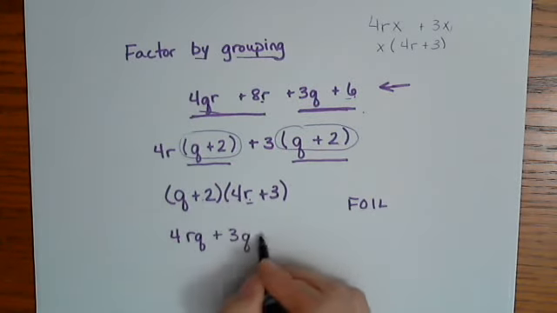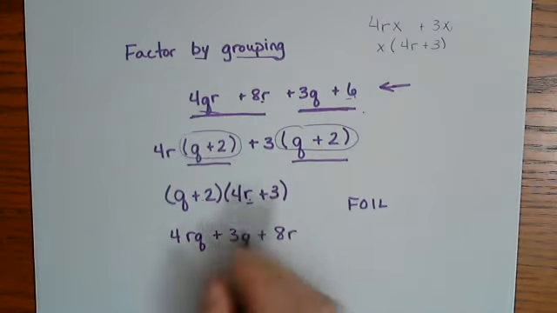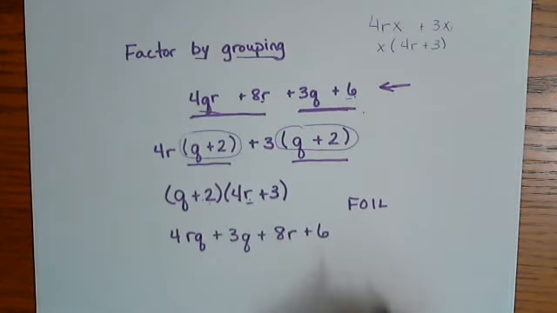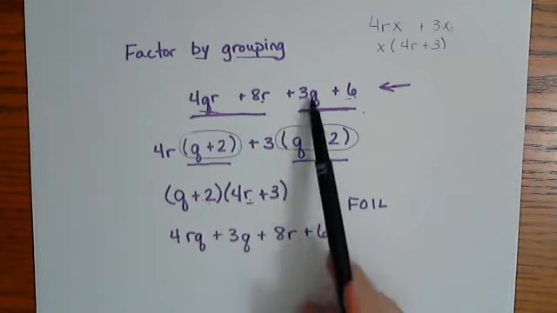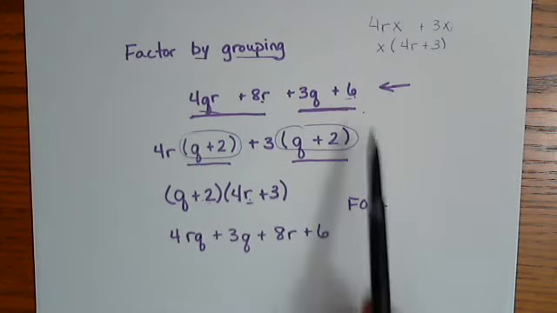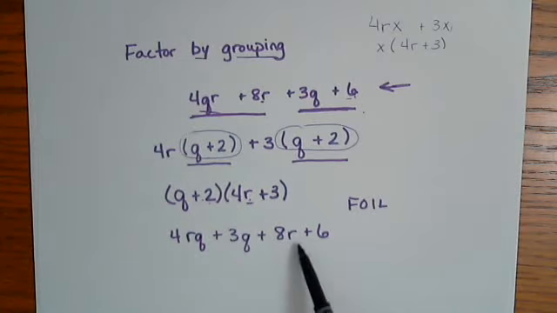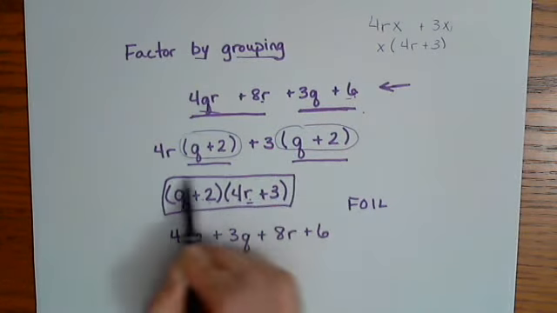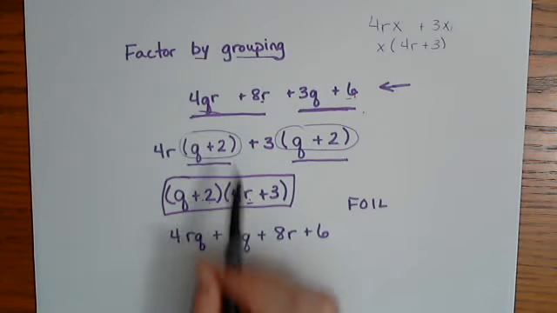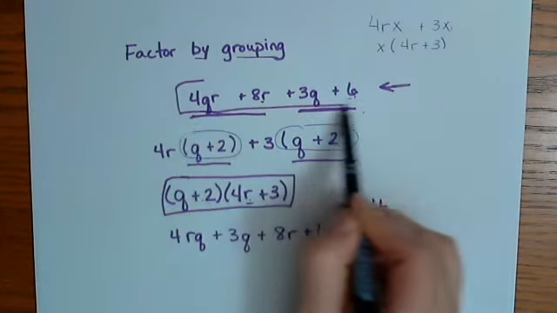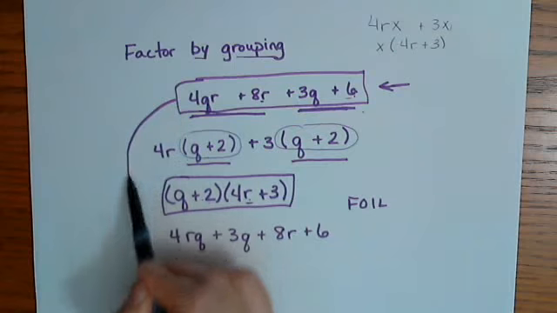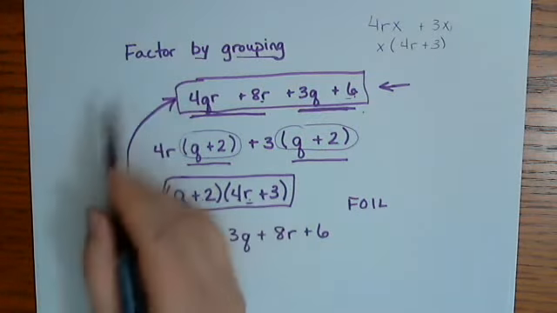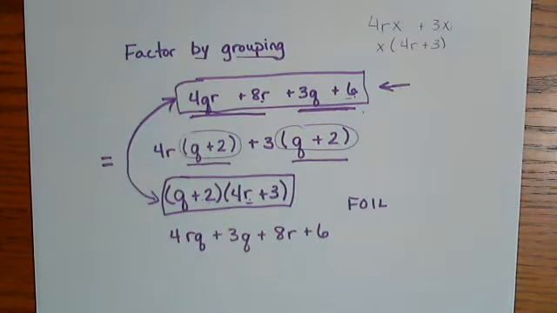My inner terms would be 8R. And my last terms would be a plus 6. And if we look at what we have here, they might be in a different order, but I have exactly the same thing that I started with. So this factored form and this polynomial are exactly the same.